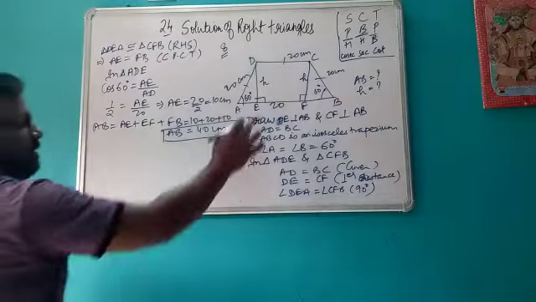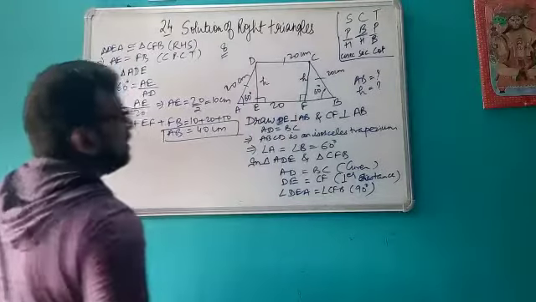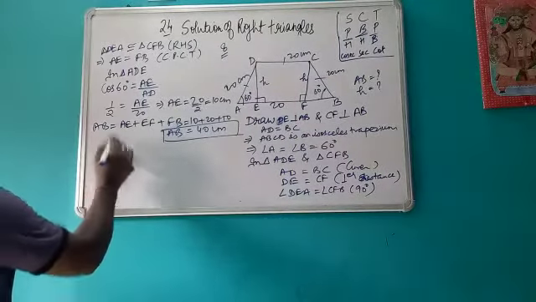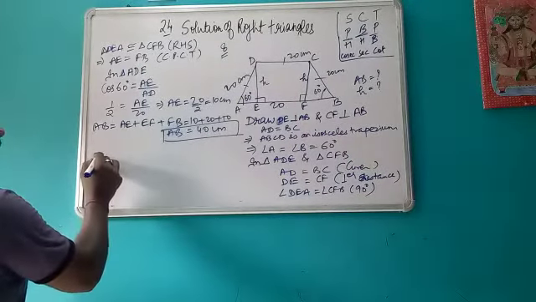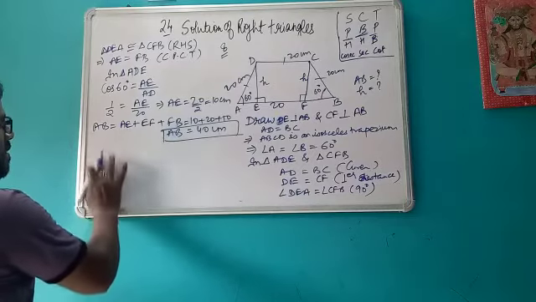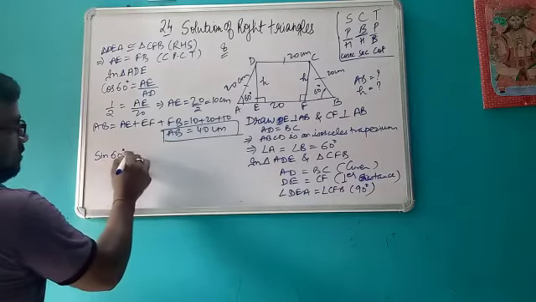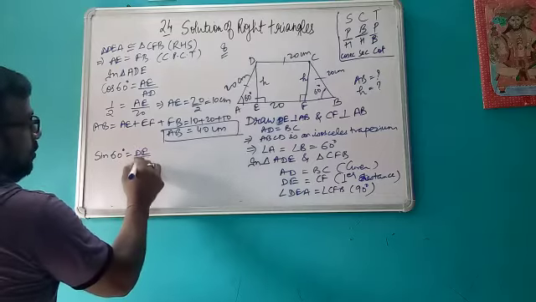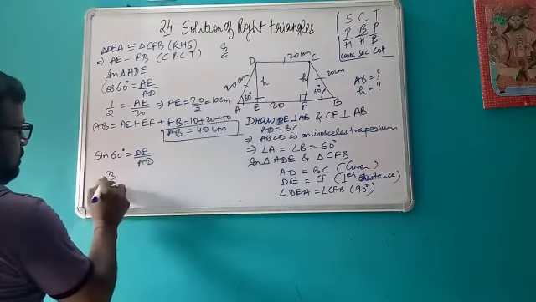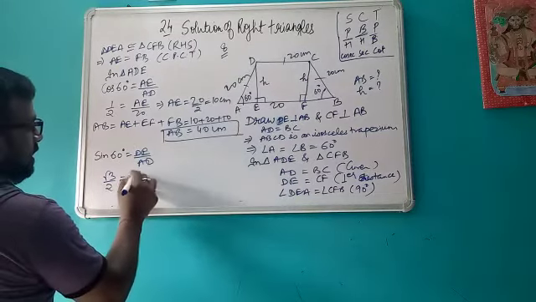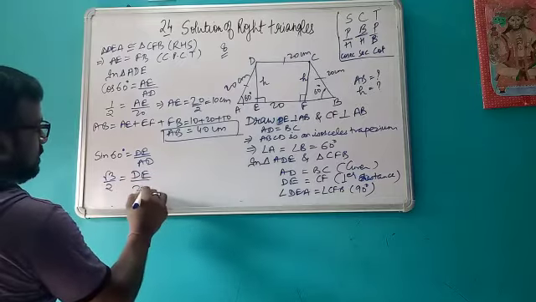Then we have to find the distance between parallel sides. So for the same triangle, I will take sine 60 degree is equals to DE upon AD. It is root 3 by 2. DE we want and AD is 20.